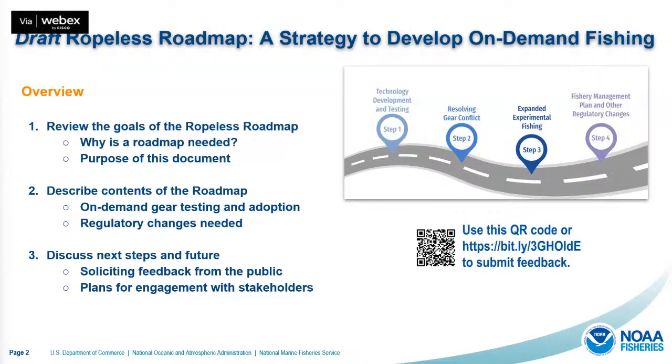And we'll touch upon the regulatory changes that are needed to enable more broad-scale use of ropeless gear beyond the experimentation phase that we're currently in. And lastly, I'll discuss our plan for soliciting feedback from stakeholders involved in this process, including members of the public, and I'll invite your feedback as well. And next slide, please.